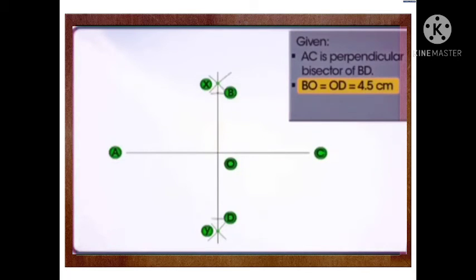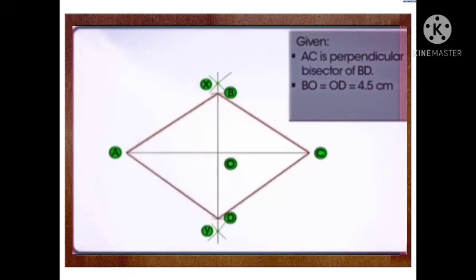Hence we get point B and point D. Let us join all the vertices of quadrilateral ABCD, which is a rhombus.